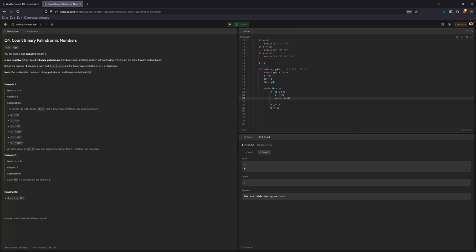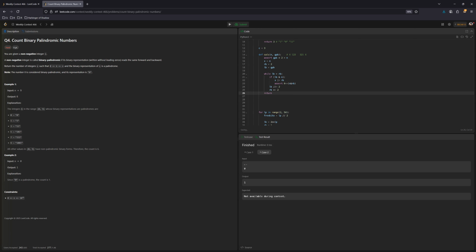And assert 0 equals n and right bit. Okay, so this should give us a value for the interior.